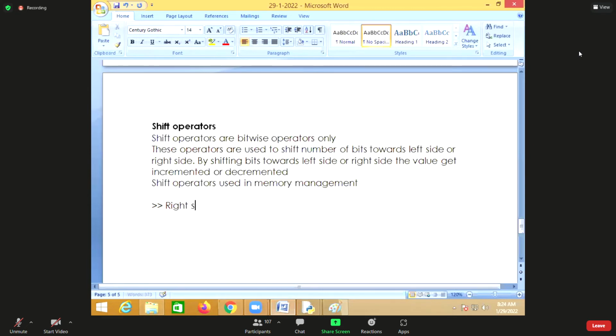Now there is a right shift operator. The right shift operator is used to shift a number of bits towards the right side.